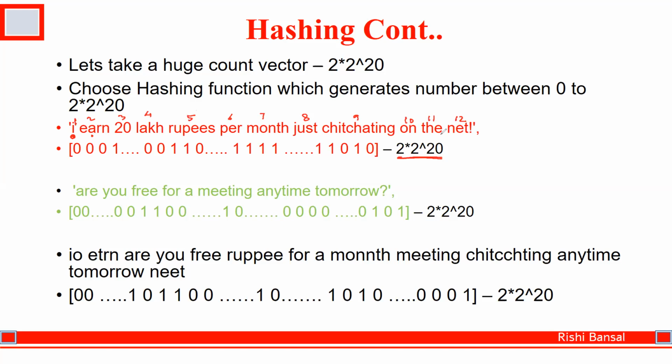So for each of these 12 words, the hashing function will calculate a hashing number, and in the bucket it will mark it as 1 wherever it finds it.